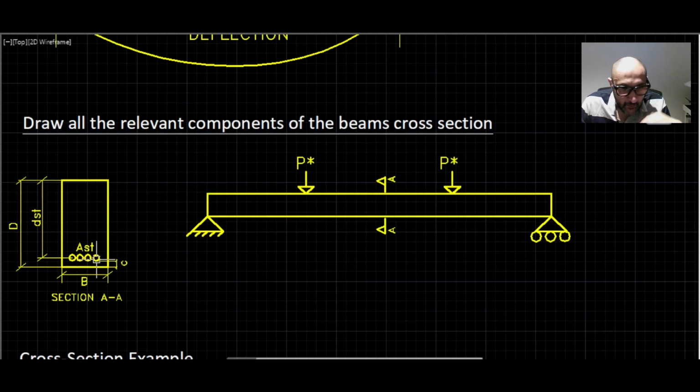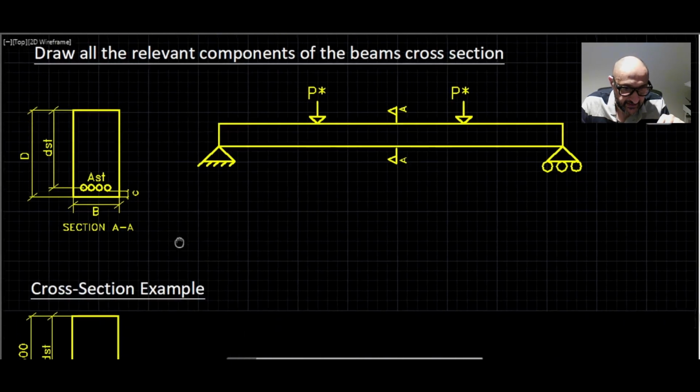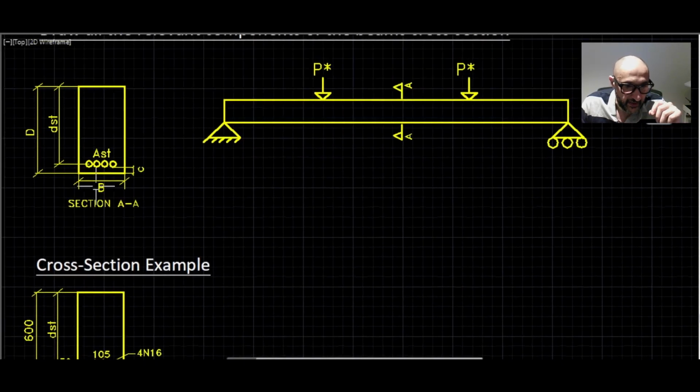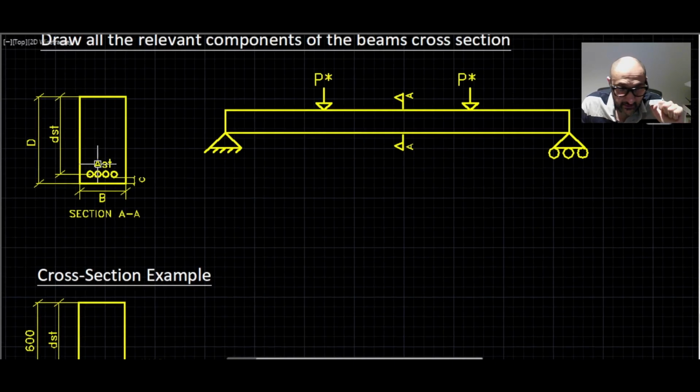Now I'm guessing most of you by now would understand how this works and all the notations and the basic requirements that you need to show in this section, but we will go through the basics again. So here we have a beam depth D, beam width B, and that's a constant width throughout. The steel bars here, we would note as Ast, and that's the area of steel, and that is generally in millimeters squared.